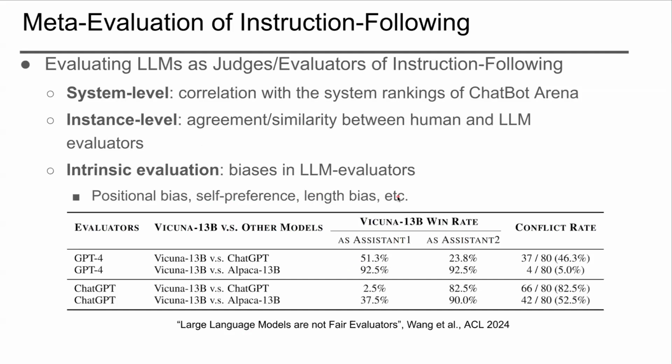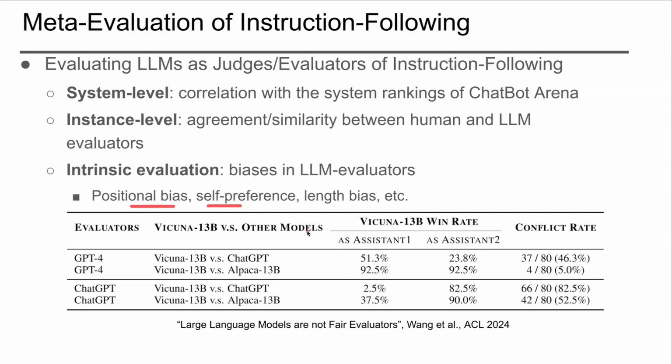And LLM evaluators have a lot of biases. As I mentioned, for example, they could have positional biases. This work shows that, for example, if you're comparing these two models, usually the model prefers the first one and so on.